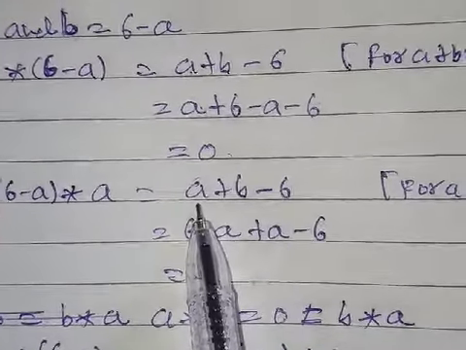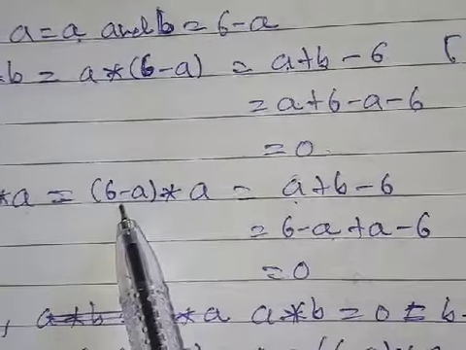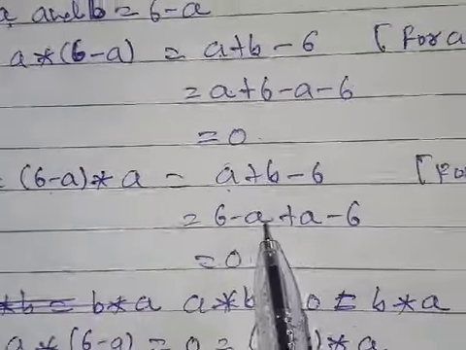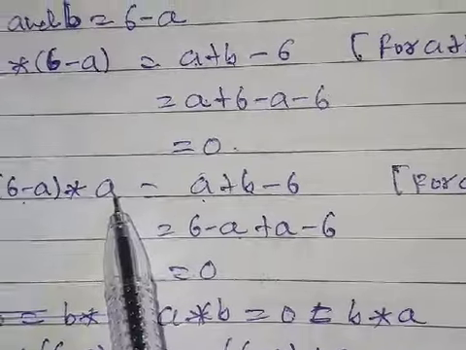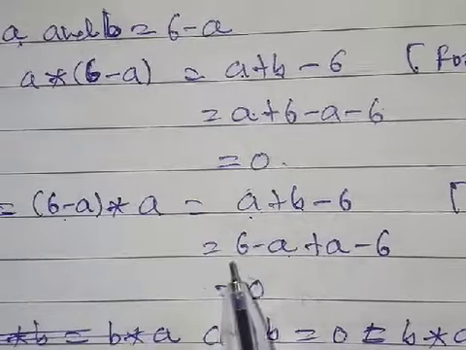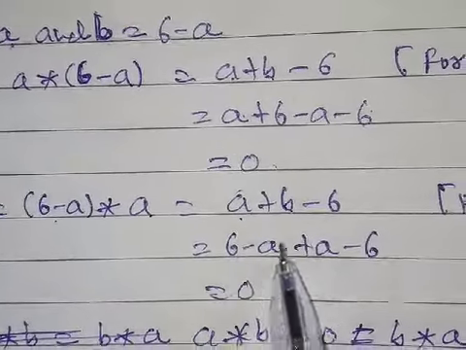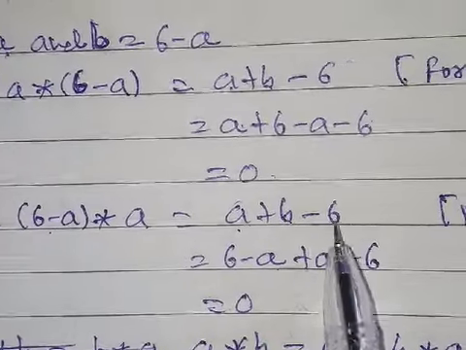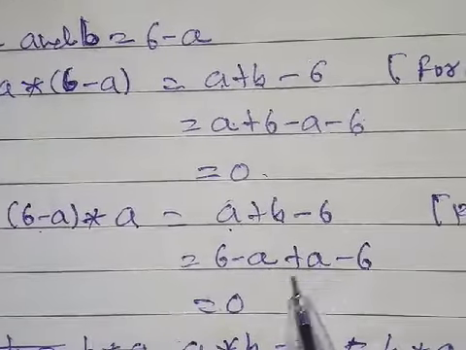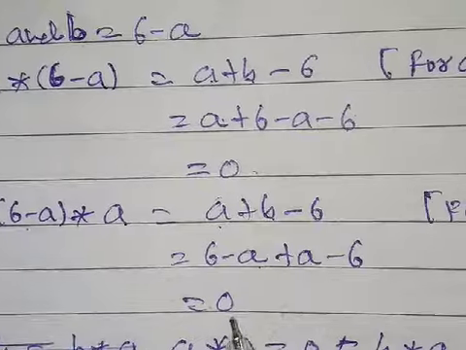What is A? Here A is 6 minus A. What is B? B is considered as A. So A is 6 minus A, B is A, and minus 6 was already there. A cancels, minus 6 plus 6 cancels, 0.